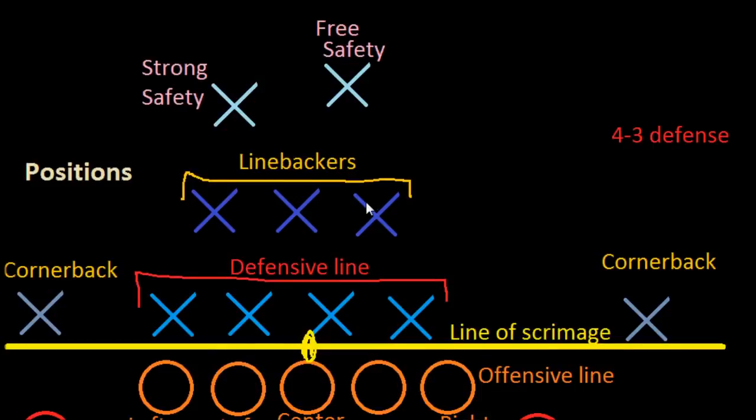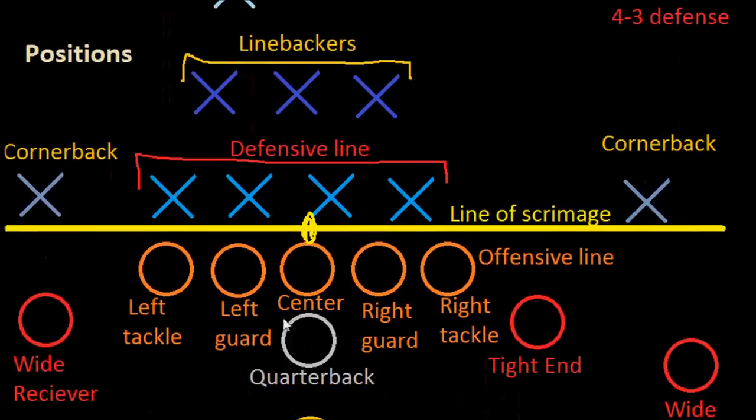And so again, this is not the required way that these guys line up. Just like the offense, the defense has some leeway in how they want to position their players.